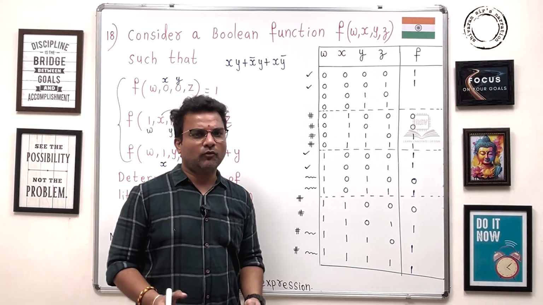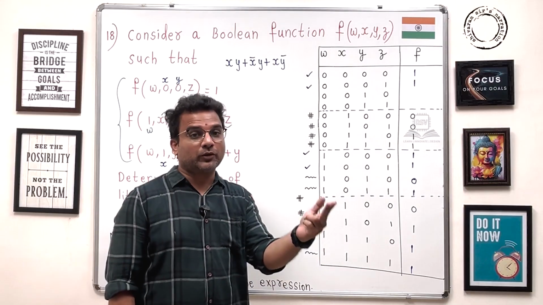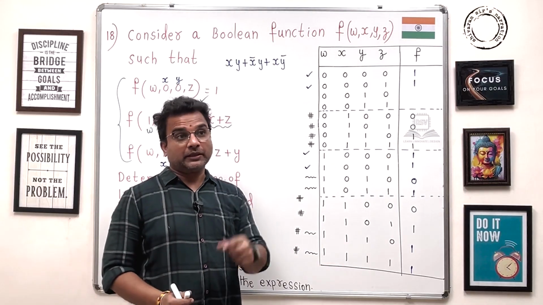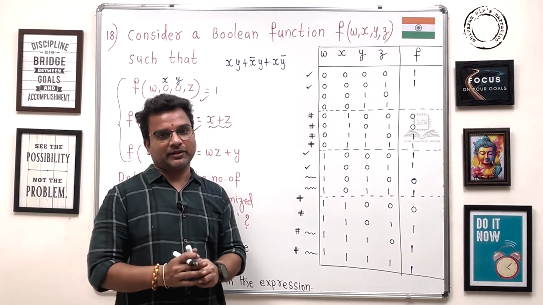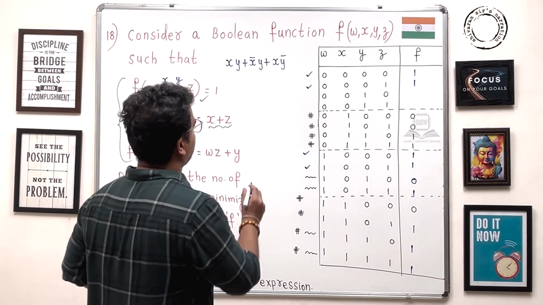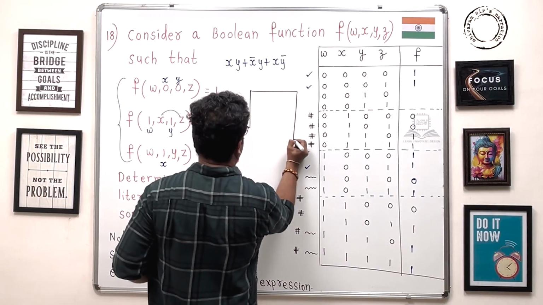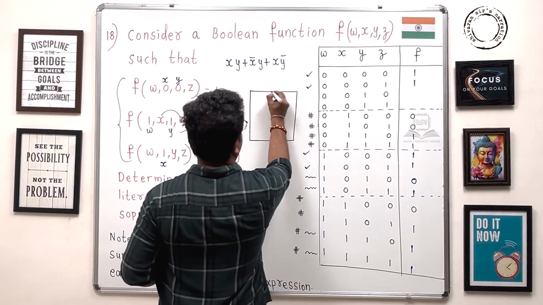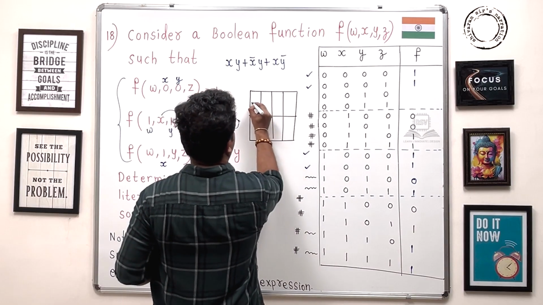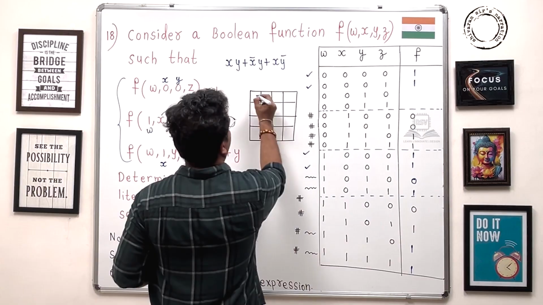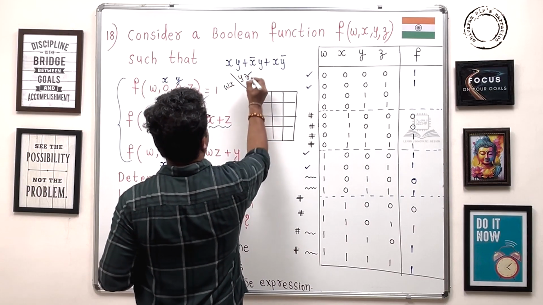Now what next? Simplification. You need to map into the K-map and get the simplified expression. In that simplified expression, we want to determine the literal count. As it is a 4-variable function, let us consider a 4-variable K-map, where we get wx and yz.